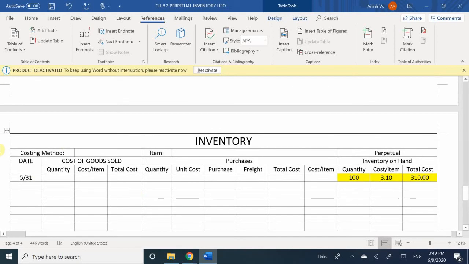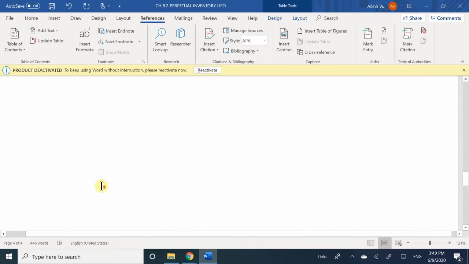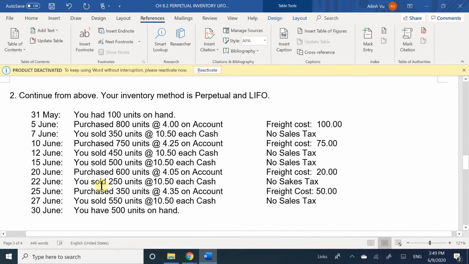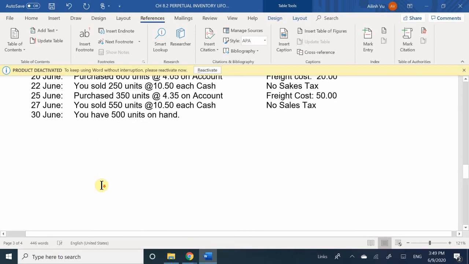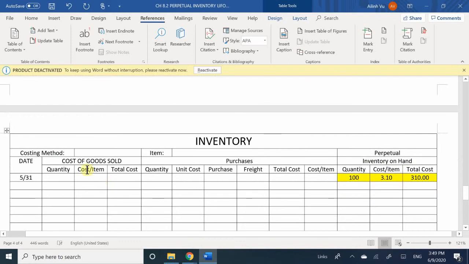So again, we recognize that on May 30th, first, we should have 100 units on hand. Let's read our scenario. June 1st, what happened? June 5th, purchased 800 units at $4 each, and freight was $100.